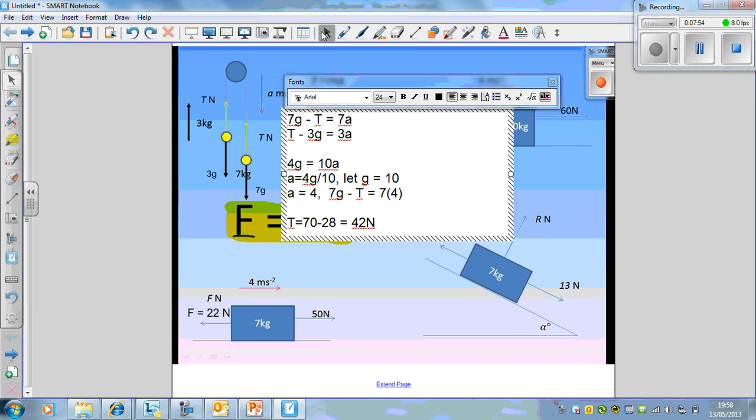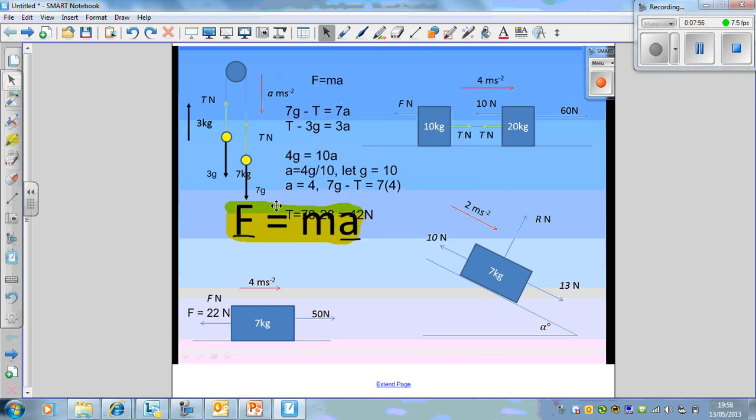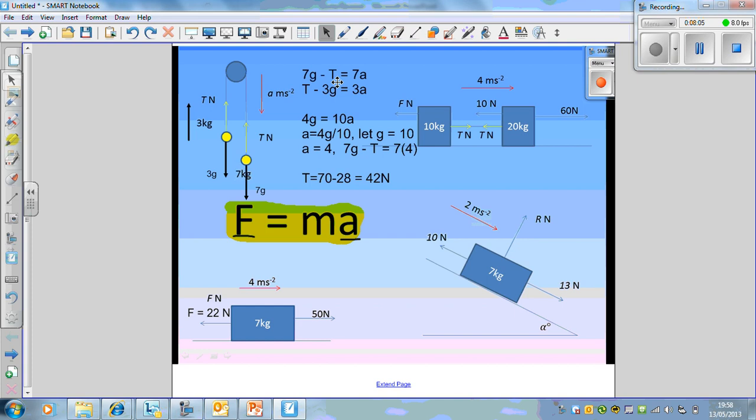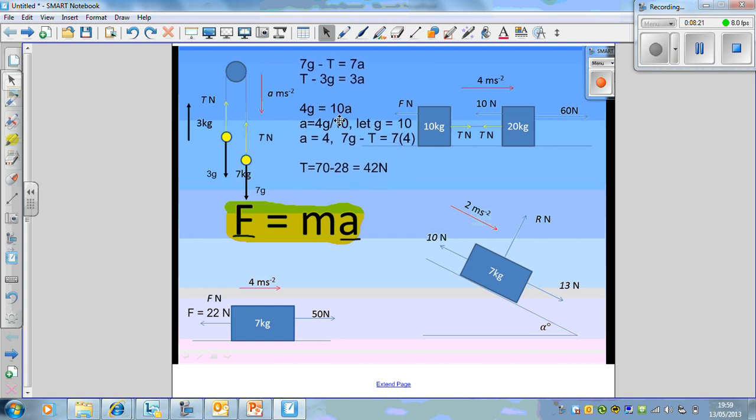Okay, so a nice use of simultaneous equations there in a question. Just to recap, first of all, set up the equations for each object. They're going to be the different way round for T, because one of them's traveling up, one of them's traveling down, and then solve them simultaneously. In this case, the easiest way was to add them up, and then just use your usual core, well, GCSE methods to solve that.